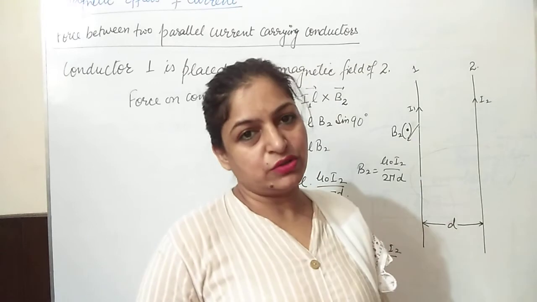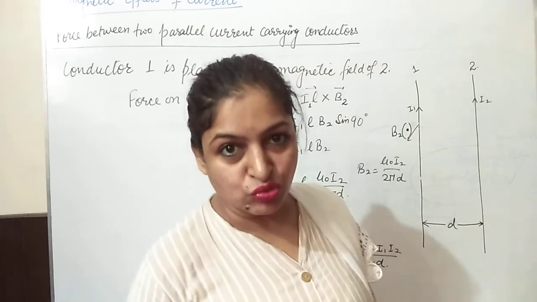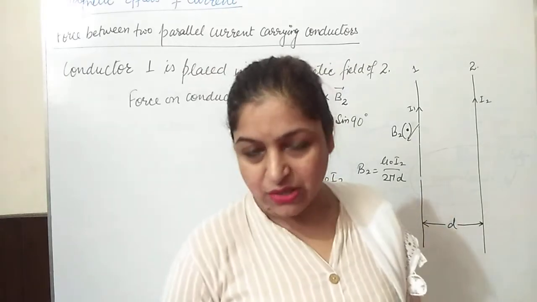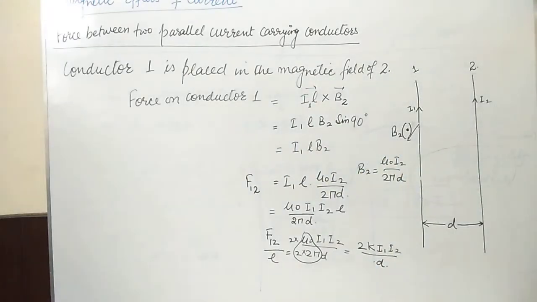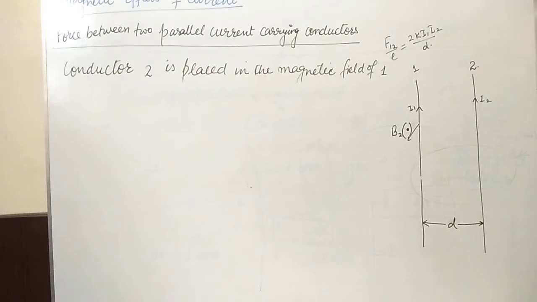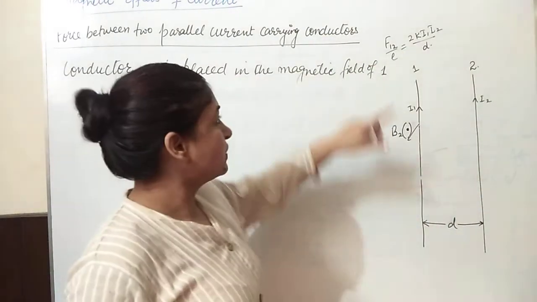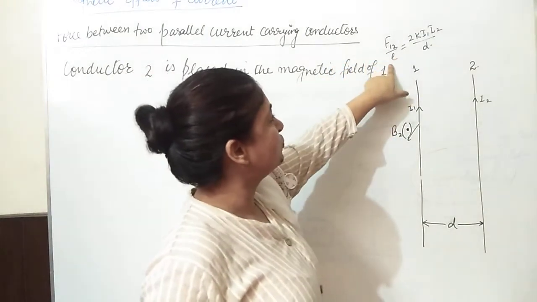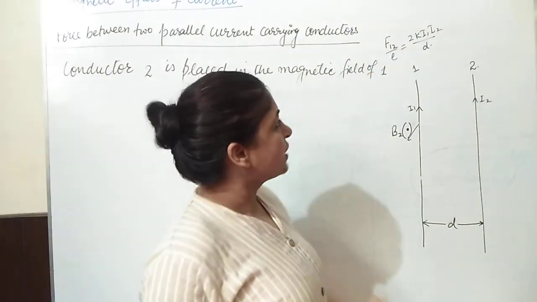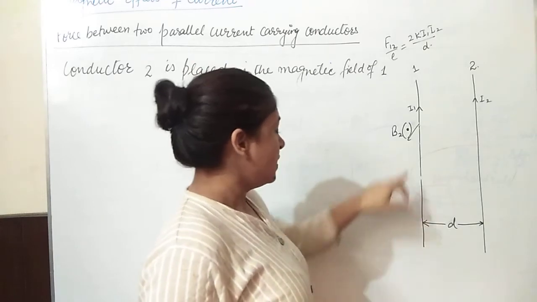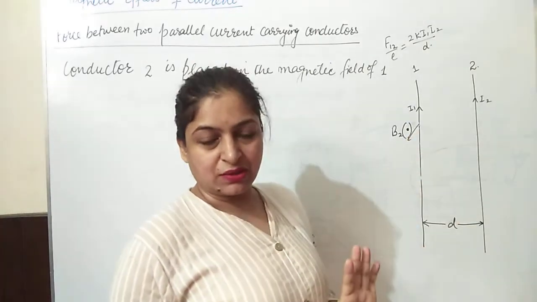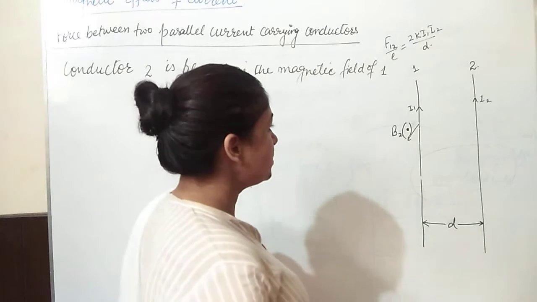Similarly, we can find the force on conductor 2 due to conductor 1. I've written the expression here: the force on conductor 1 due to 2 per unit length is 2K I1 I2 over D. One thing is left, the direction of the force.